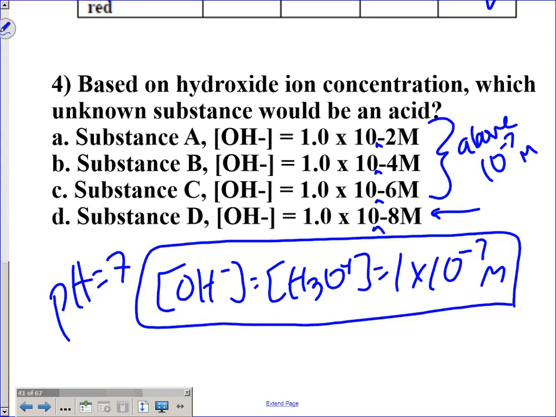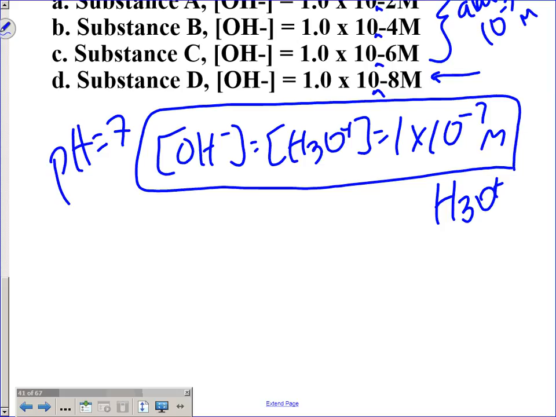Can anybody tell me, based on the fact that the exponents, when they're 1 times 10 to the blank, have to equal 10 to the -14th, what would the hydronium be if the hydroxide is 10 to the -8? Rishi? 10 to the -6. Good.